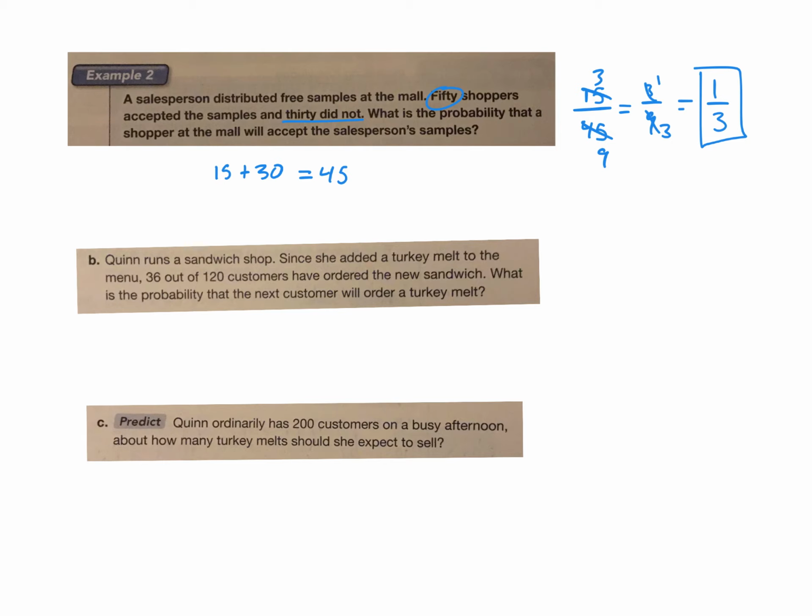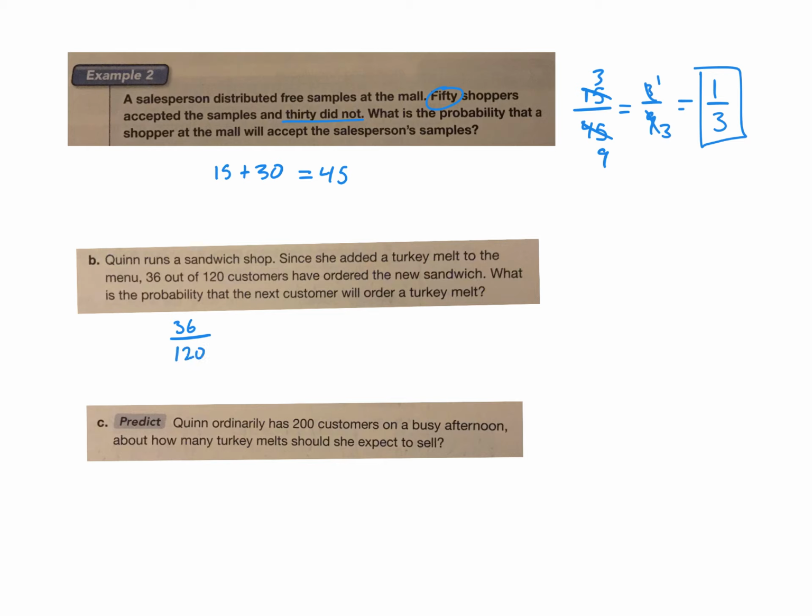This next one is practice set B. It says Quinn runs a sandwich shop. Since she added a turkey melt to the menu, 36 out of 120 customers have ordered the new sandwich. What is the probability that the next customer will order a turkey melt? So, how many turkey melts did she sell? 36. How many customers in total? 120.